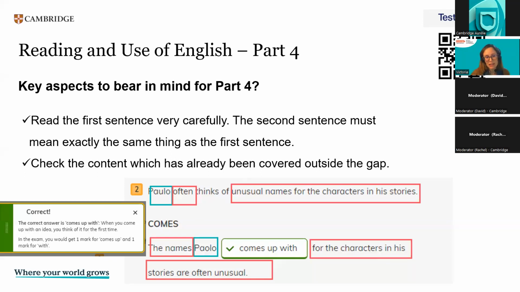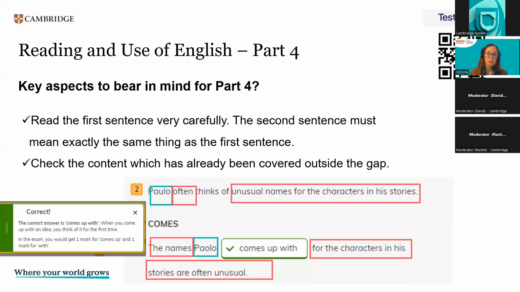Okay, and here, as you can see, in the little feedback box, you will get 1 mark for comes up and then another mark for with. So first you need to identify the first part and then the other part, with. The 2 parts that make up this answer.